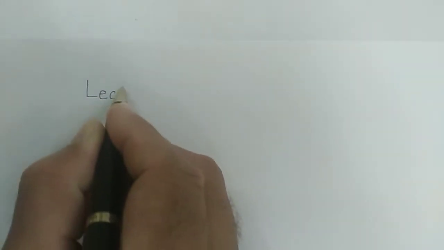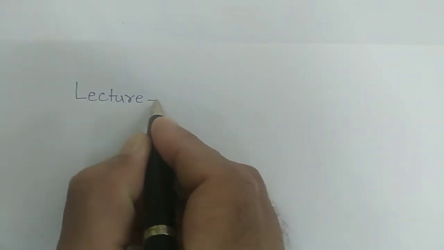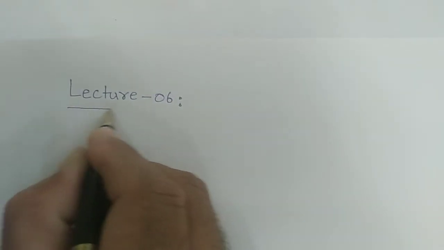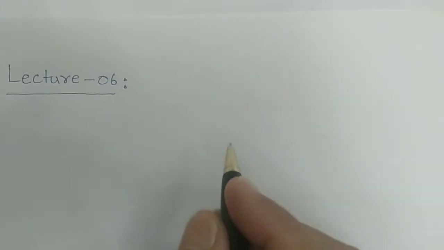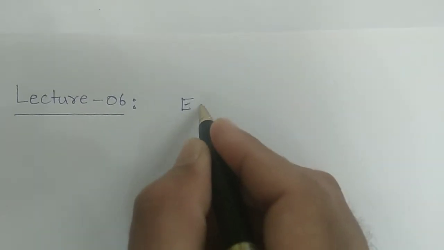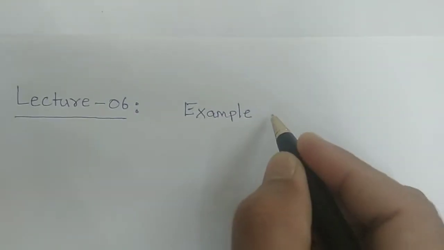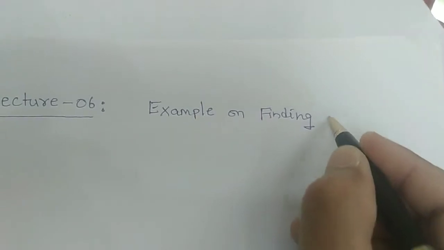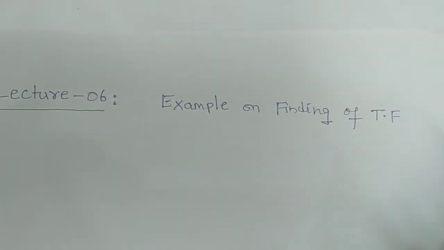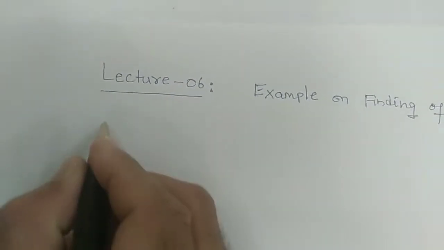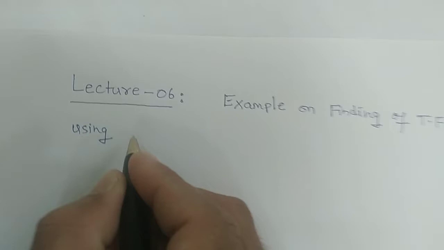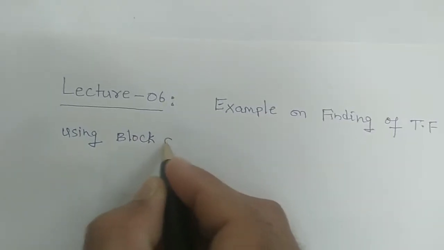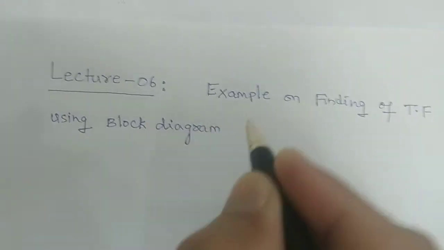So today I am going to start lecture number 6, in which I am going to explain one example on finding the transfer function using block diagram reduction rules.